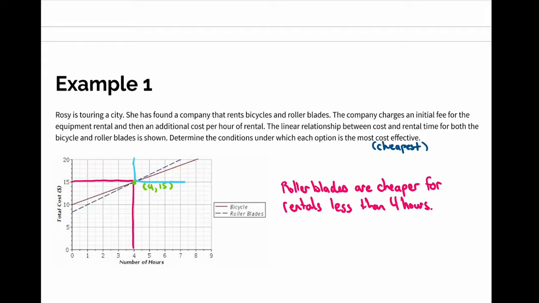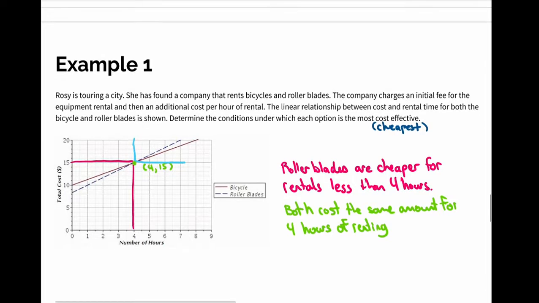For my middle scenario, or the point of intersection, both cost the same amount for 4 hours of renting. So that's that point of intersection or solution.